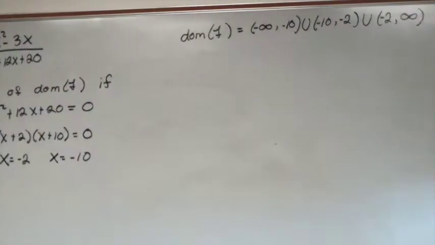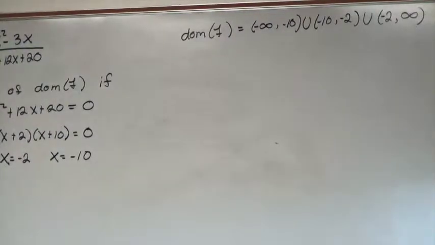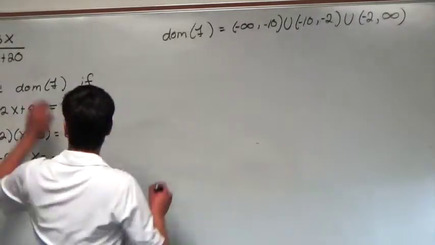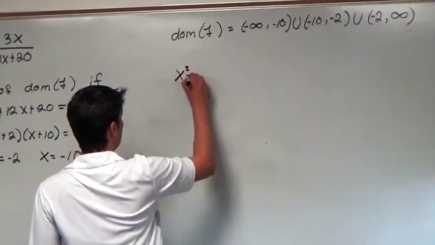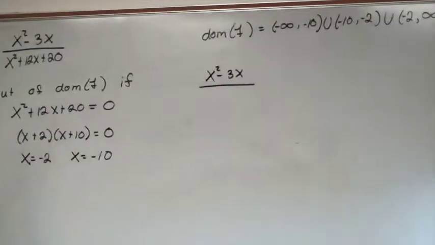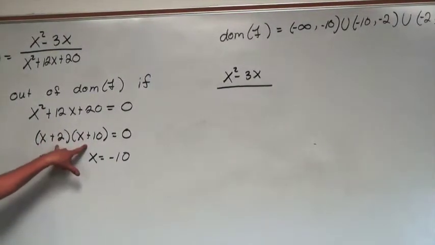All right, so now that we have the domain, we can find where the function is 0 and positive and negative. Setting the original equation to 0. And what I'm going to do, I'm going to use the factored form of the denominator.